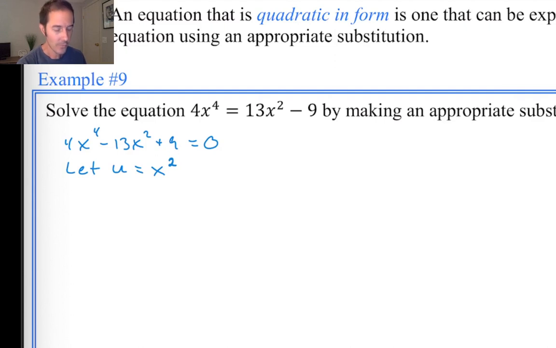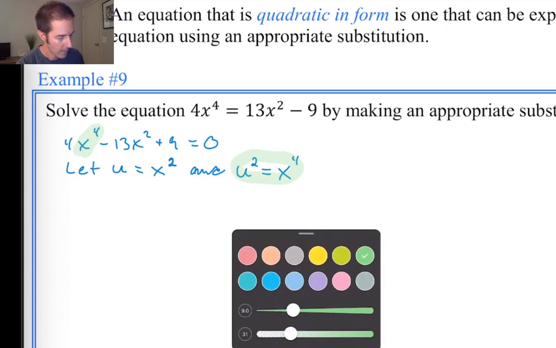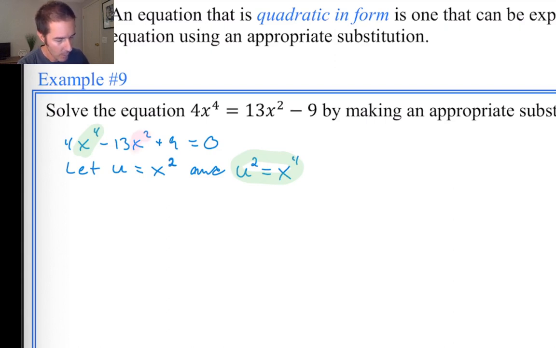If u equals x squared and I square both sides of this equation, what do I end up with? If I square the left-hand side, I get u squared. And if I square something that's already being squared, I get x to the 4th. Now, I can take the x to the 4th from my original equation and replace it with u squared, and I can take the x squared from my original equation and replace it with u.